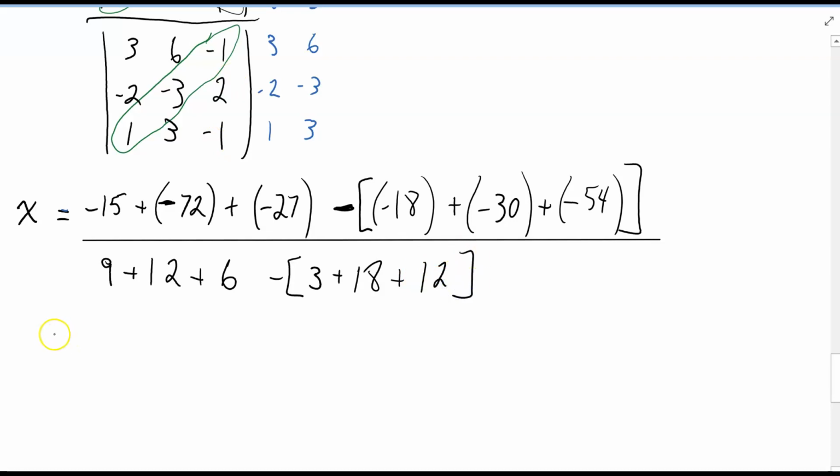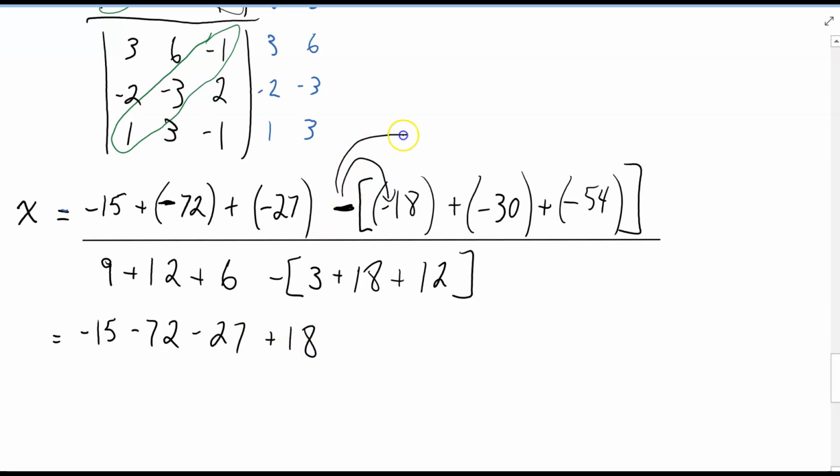All right, now we just have some addition, subtraction to do. And I'm going to write these lines without brackets now, so you can see this will be minus 15, subtract 72, subtract 27. When I subtract a negative 18, it's an add 18.